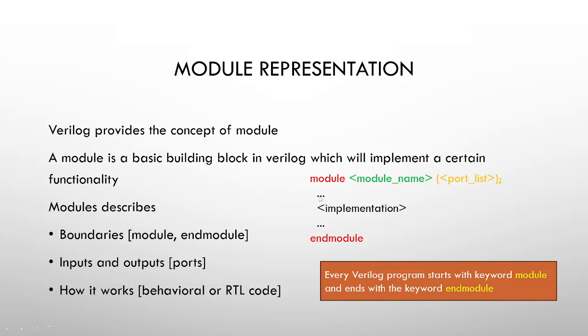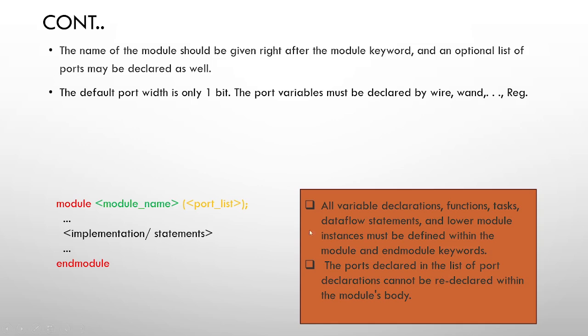So let us see the syntax of this module. What does the module consist of? Module, and after the module keyword you name the module, the module name, followed by the ports list: input ports, output ports, as I told you before. Every port that you want to declare, you declare within this syntax. The name of the module should be given right after the module keyword.